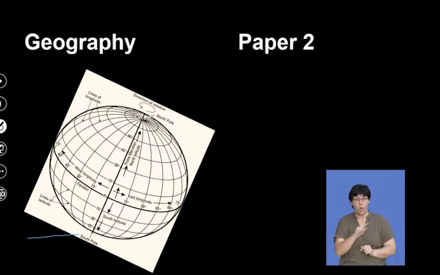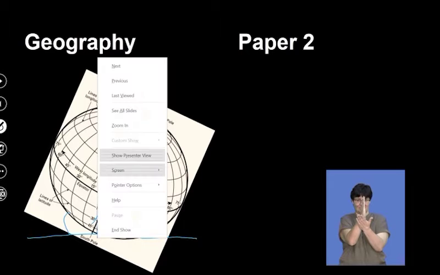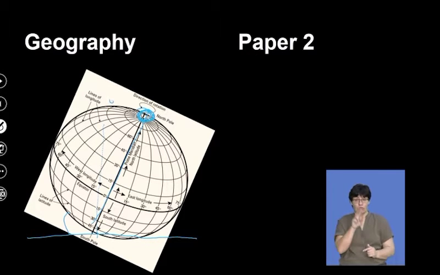Because of the Earth's inclination, note the angle. Look at where the North Pole is. It is not perfectly located to the north, when in actual fact, the north is located here. So this angle between the magnetic north here and the true north here is what we call the magnetic declination.